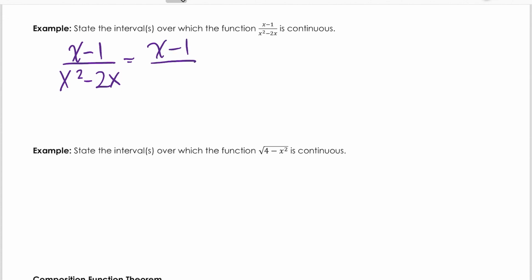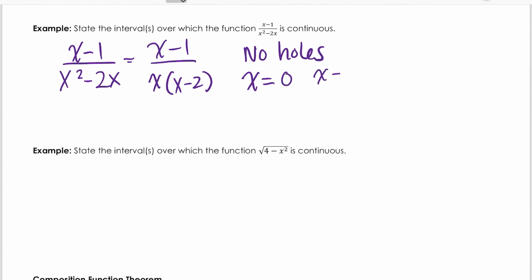So if I factor the denominator, I have x times x minus 2. For this example, we have no holes in the graph because I don't have a factor that's the same on the top and the bottom, which would create the hole. I do have two asymptotes. I have an asymptote at x equals 0, and I have an asymptote at x equals 2.